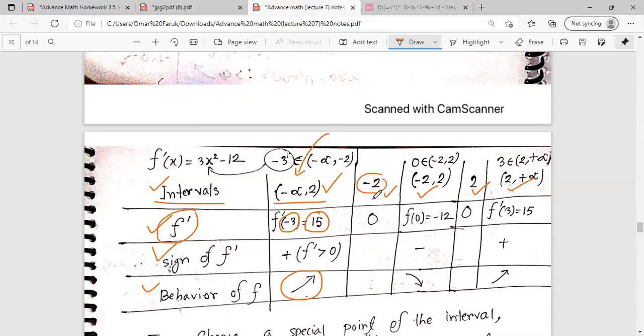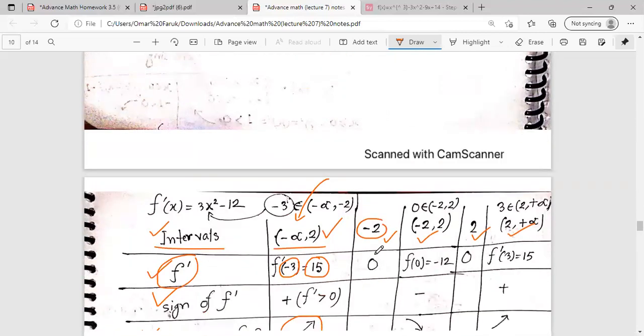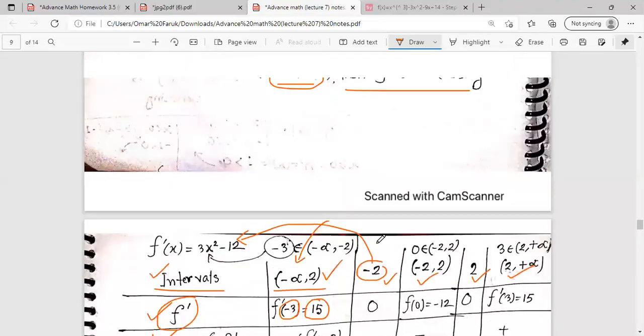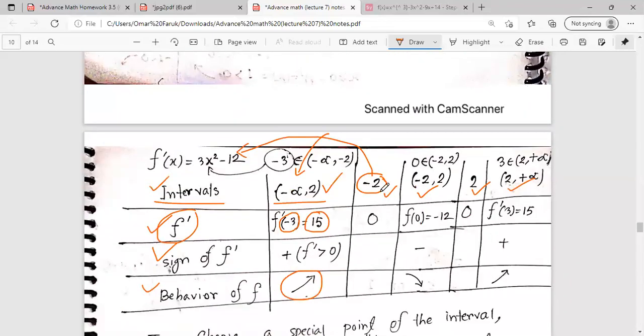And if you calculate minus 2, just input this minus 2 here. This time we do not input this minus 2 in the main function. When we are just calculating the direction, upwards or downwards, we put this value in the derivative.